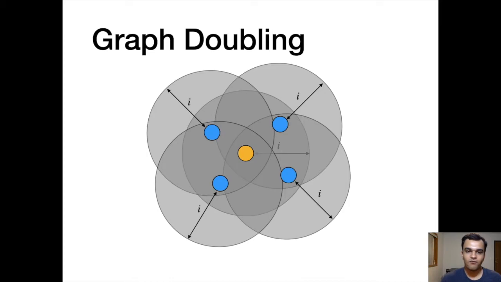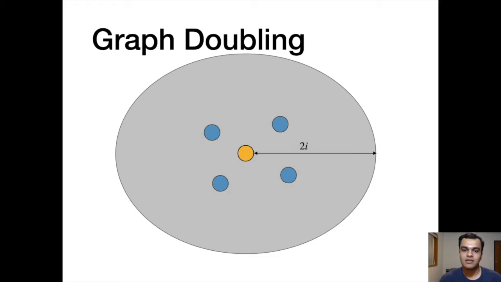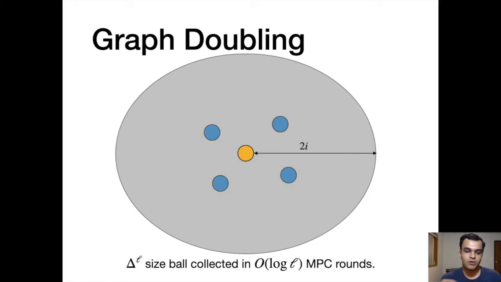Then if we get all of these i-hop balls in the i-hop ball around the orange node, we can compute the 2i-hop ball around the orange node. This allows us to compute the delta to the L-sized L-hop ball in log L MPC rounds by iteratively doubling the size of the ball.